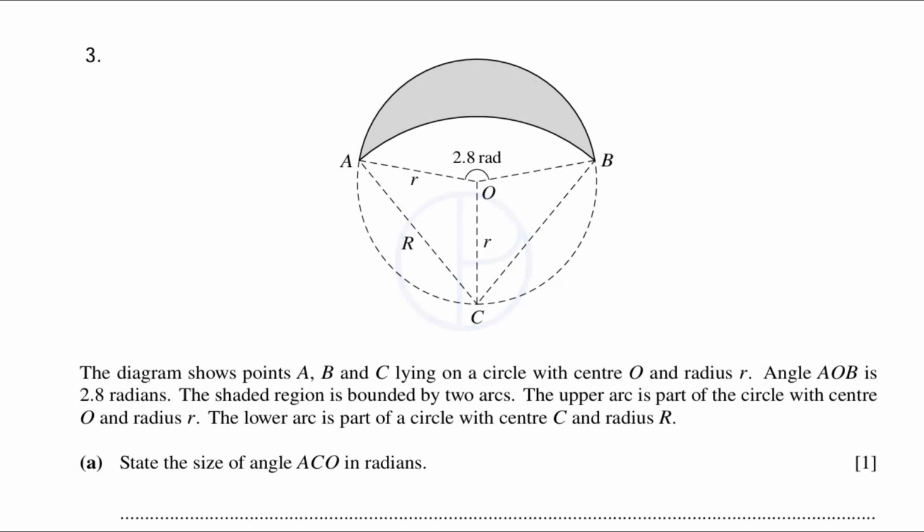So if this angle is 2.8, then this angle will be 2 pi minus 2.8. And angle AOC will be this divided by 2. Angle BOC is also the same, that is (2 pi minus 2.8) divided by 2.